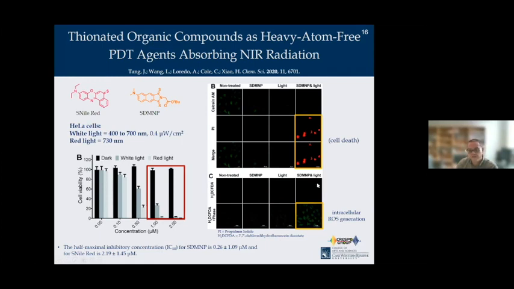As you can see in this confocal image, when you have both the drug and the light, they light up the reporter, and you can see that cell death is significant. Singlet oxygen generation also plays a role, so these sensitizers work more effectively for tissue that is oxygenated and has oxygen pressure. But these are highly efficient photosensitizers.